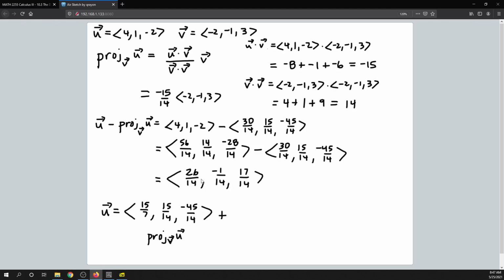And then plus, this is the orthogonal part. That's going to be 13 sevenths if you reduce, negative 1 fourteenth, and 17 fourteenths on this one. And that is going to be the part that's orthogonal to v. Okay, and so that's the decomposition. So I've written the vector u as the sum of two vectors, one of which is parallel to v, the other which is orthogonal to v.